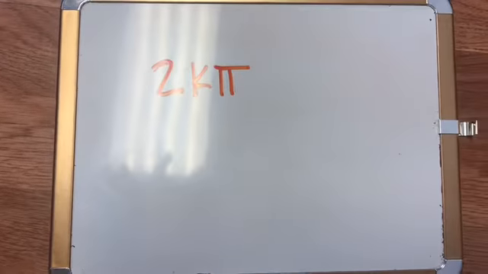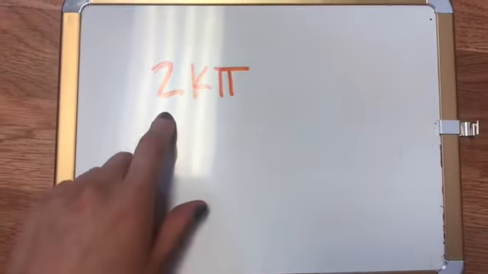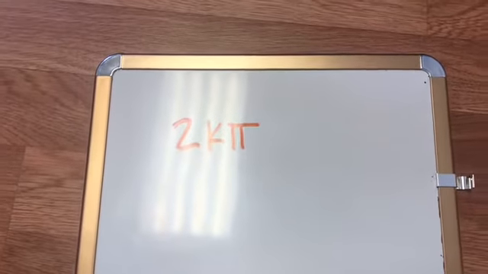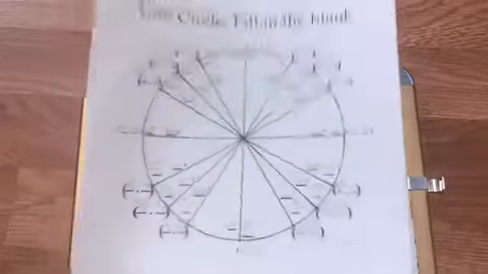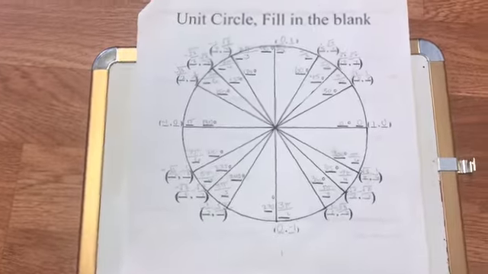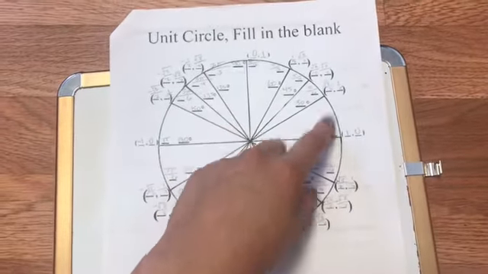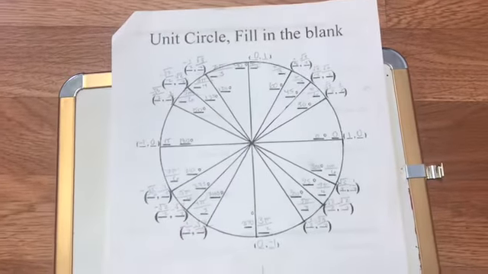Just to explain this part a little bit more in depth, the reason that we use 2k pi, where k can be any integer, is because when we take our unit circle, we know that one full time around the unit circle is equivalent to 2 pi.